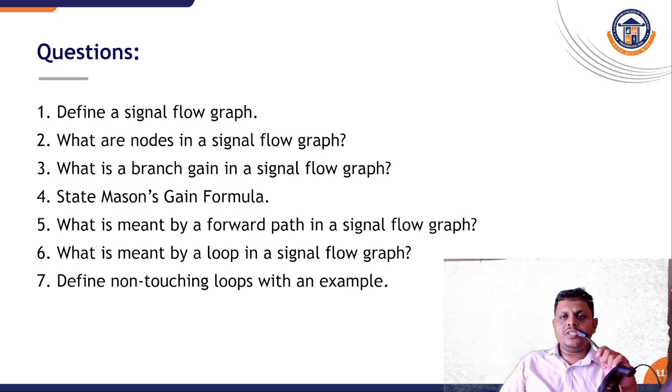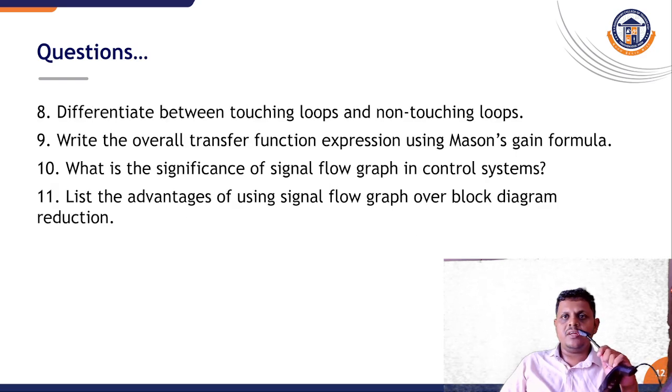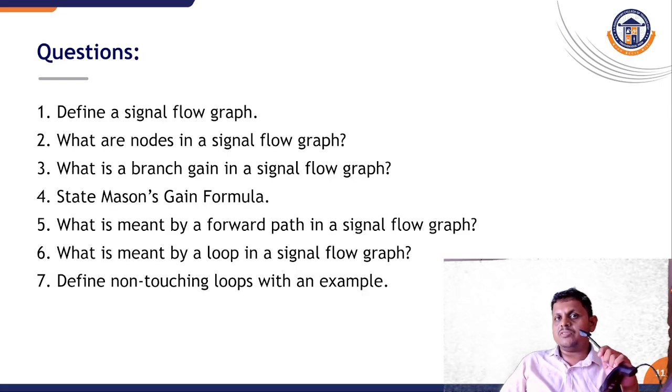Define non-touching loops with an example. Differentiate between touching loops and non-touching loops. Write the overall transfer function expression using Mason's gain formula. What is the significance of signal flow graph in control systems? List the advantages of using signal flow graph over block diagram reduction. So these are the questions for practice.